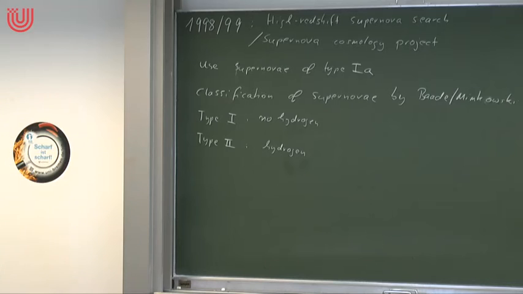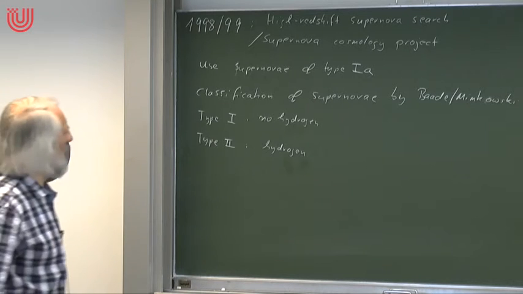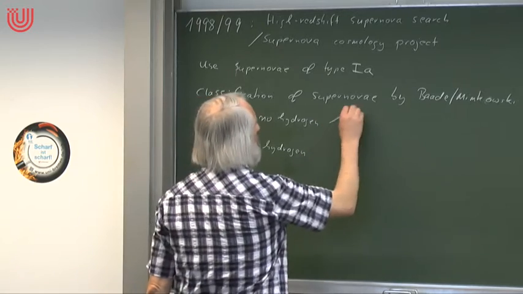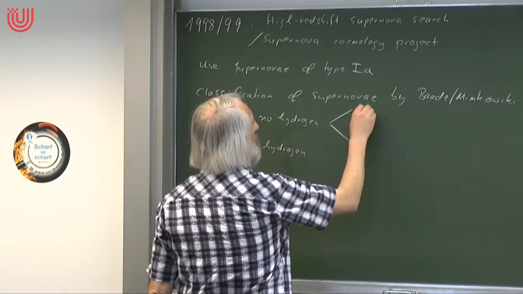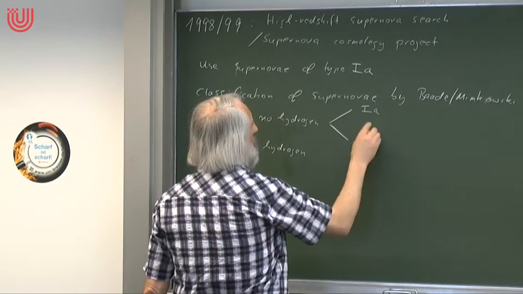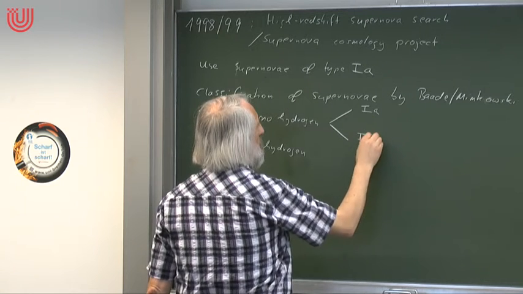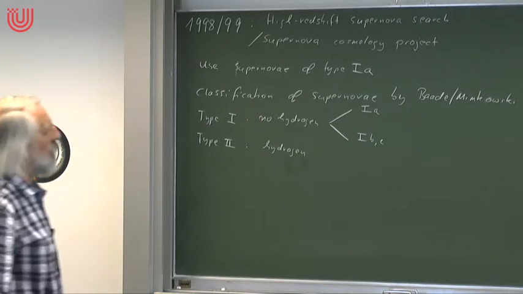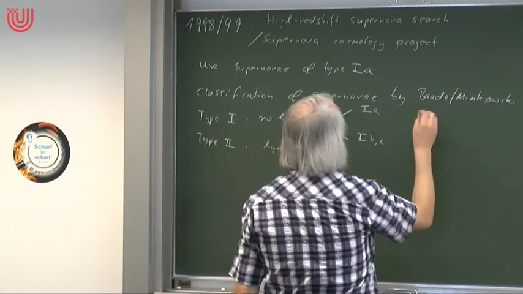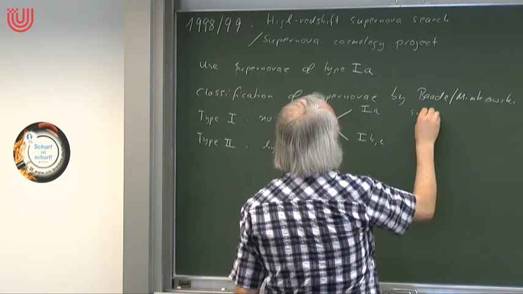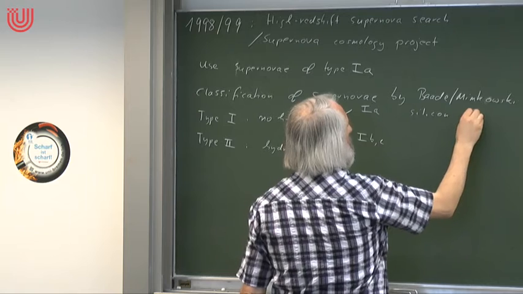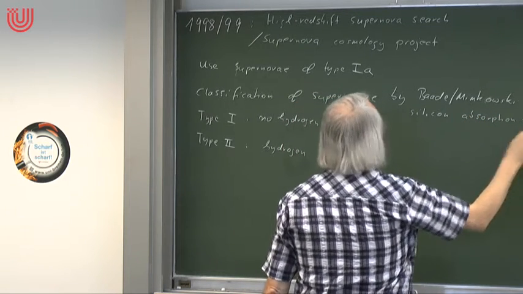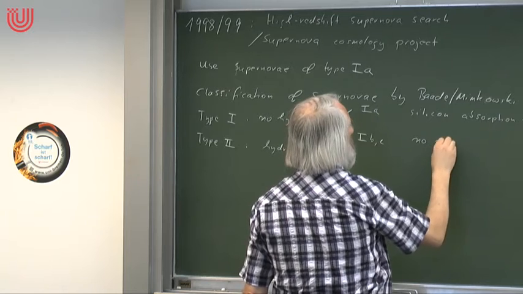Yeah? And then in later years, a finer classification was made, and in particular, the type 1 were divided into 1A and 1B, 1C. And the distinction was now that here we have a certain silicon absorption line. And here we have no such line.